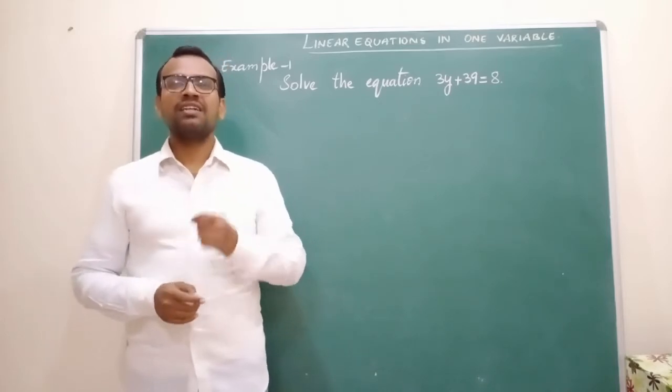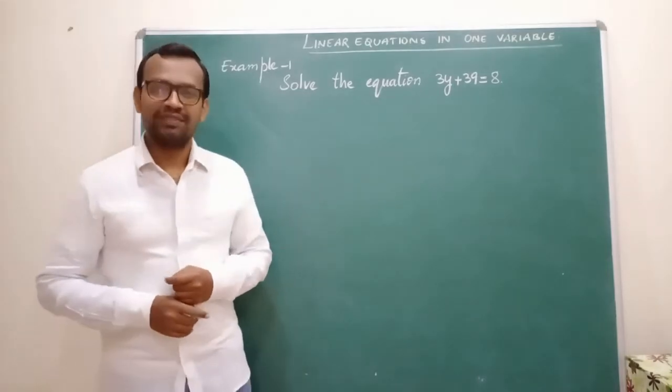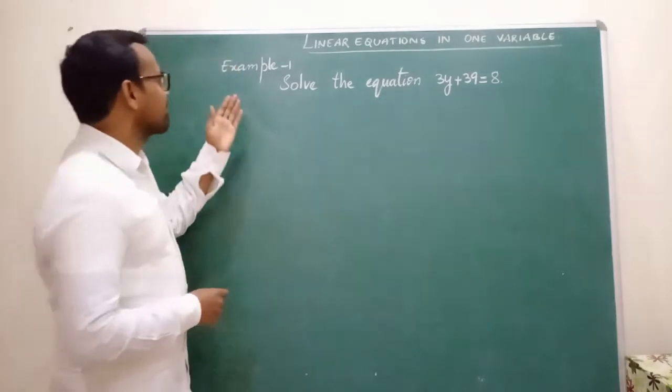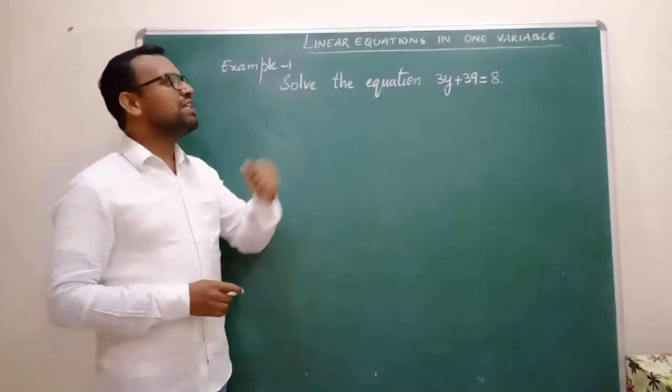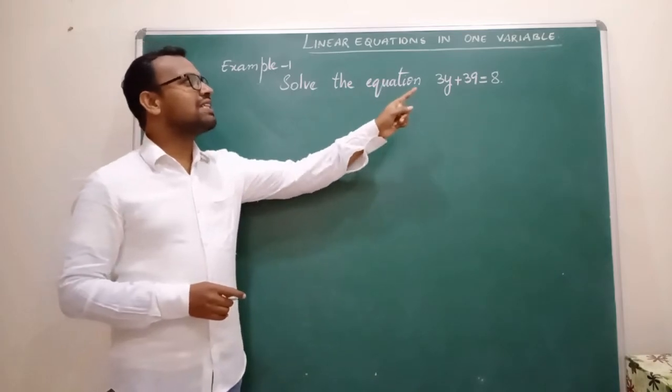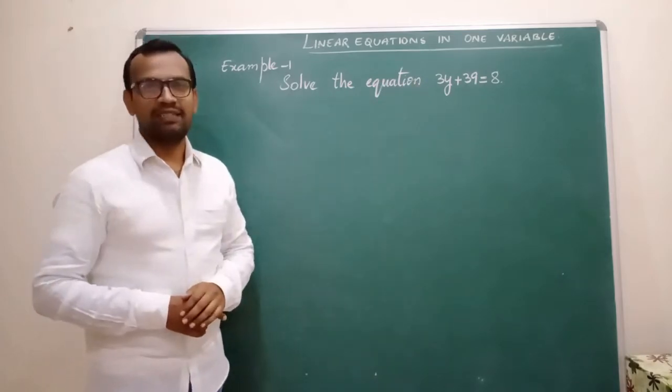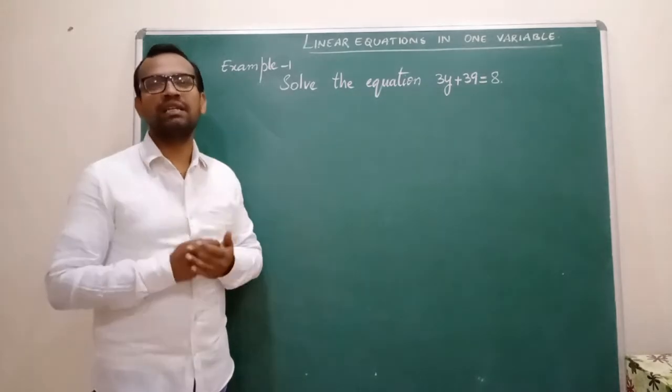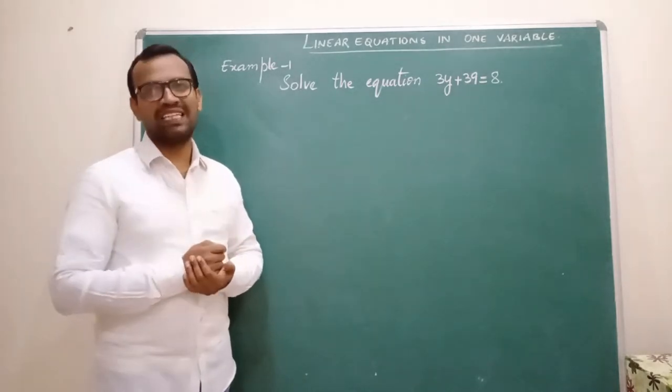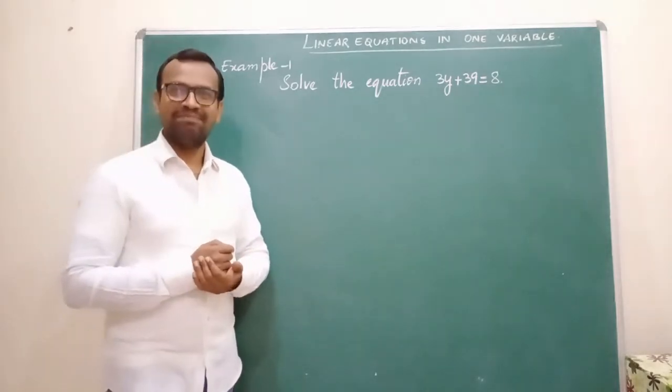So let us take the first example from the textbook. Solve the equation 3y plus 39 is equal to 8. So here we got one simple equation and we need to solve it.